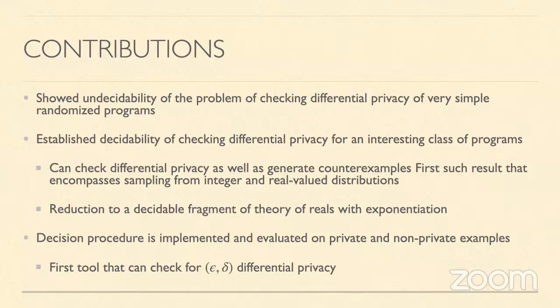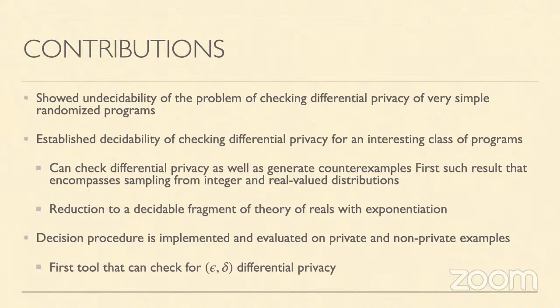We also check differential privacy for all permissible values of this parameter epsilon that I showed you before. Ours is the first such result that encompassed sampling for both integer and real valued distributions. So basically, the random sampling can sample integer and real valued distributions.